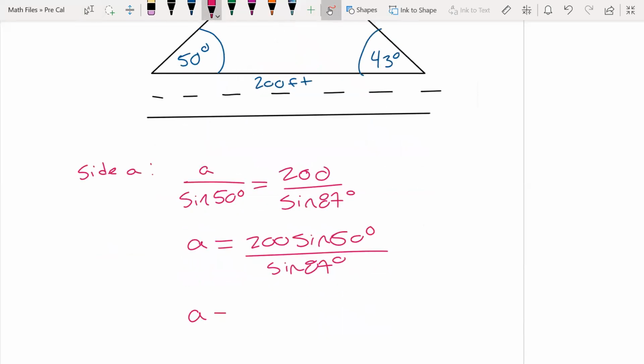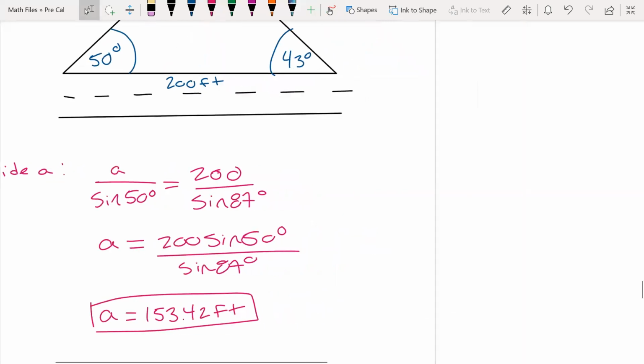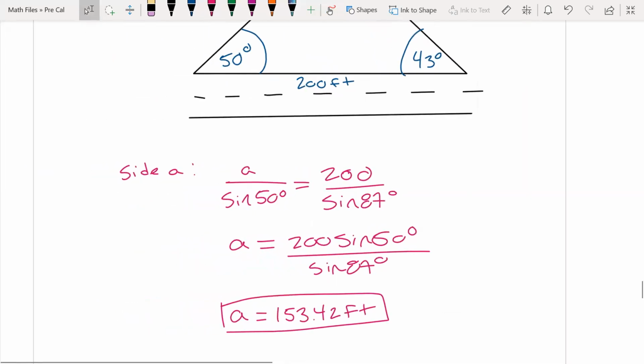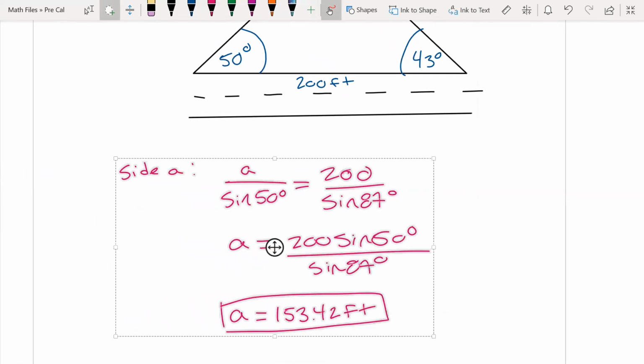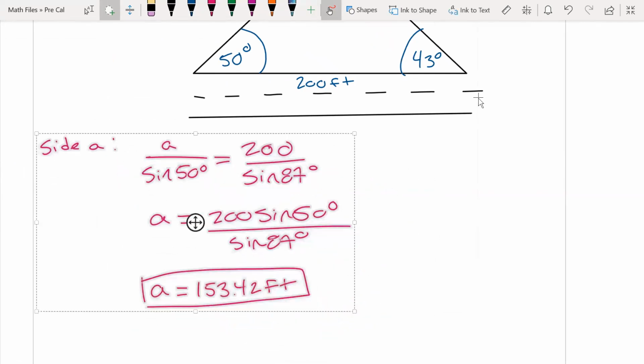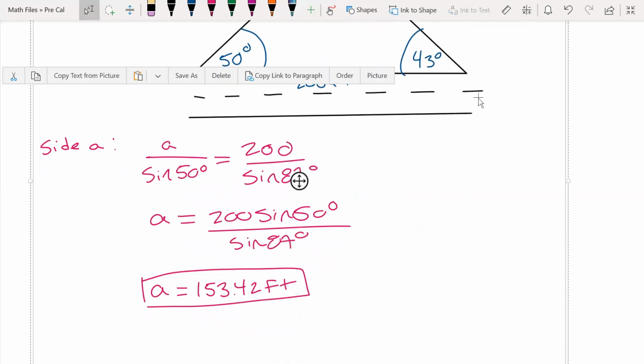And side A is going to give me 153.42 feet.